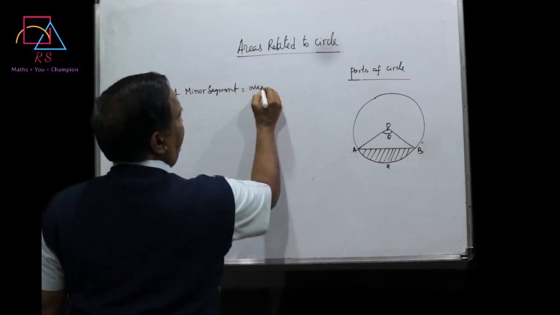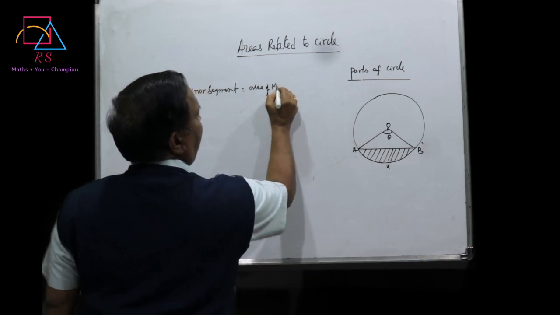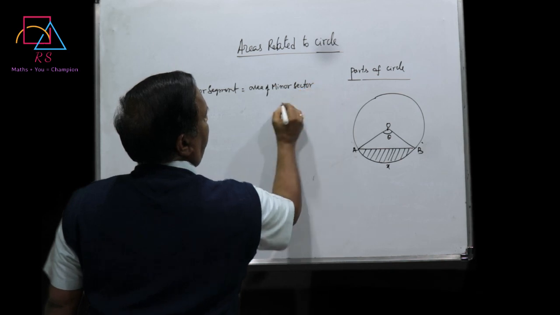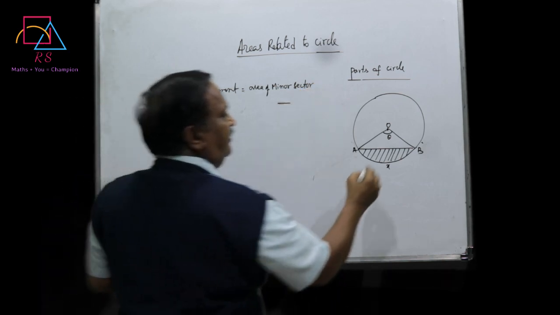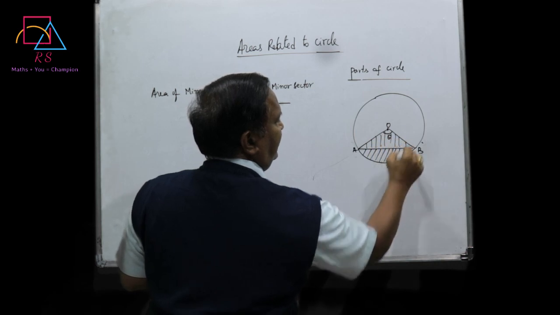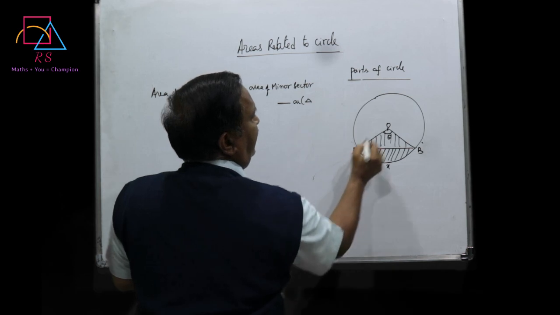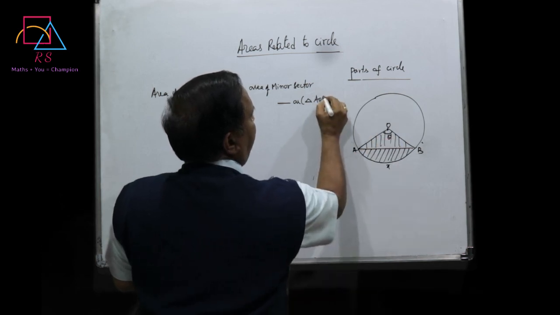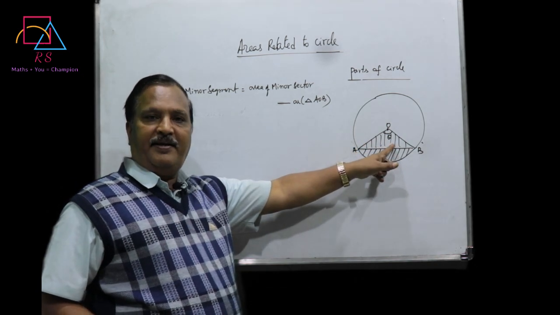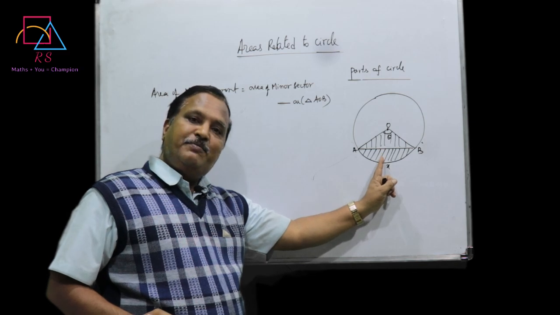So area of this minor sector minus, if you take out the triangle, we don't want this triangle, minus area of triangle AOB. So if you take away this triangle area from the sector area, you will be getting segment area.